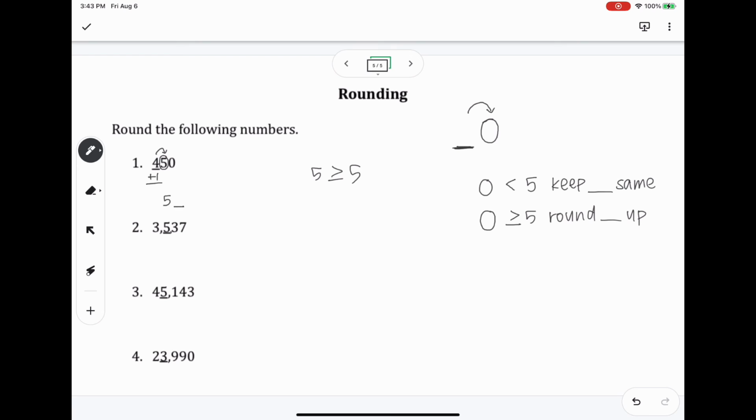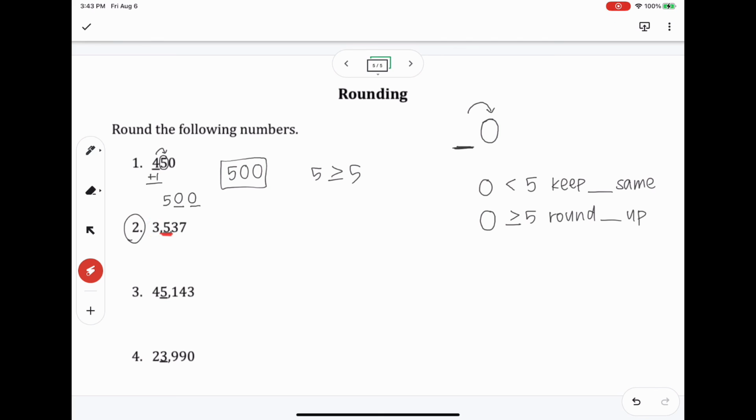Now we have to do something with the other two values over here. And to the numbers right of the underlined value, you're just going to leave it as 0. You're just going to change all the values to 0. 500.